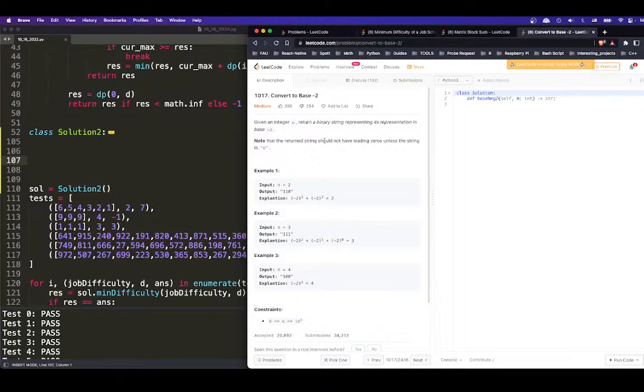Would you keep going? You keep going. They're gonna branch out a lot, man. Yeah, every position we have 2 values, depending on how many positions we have.